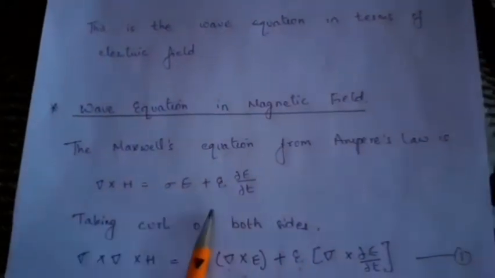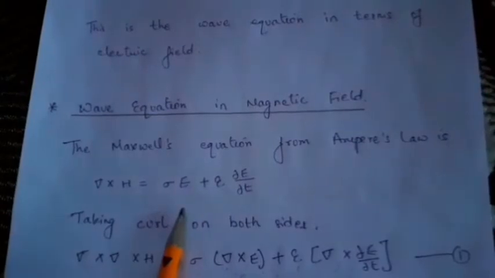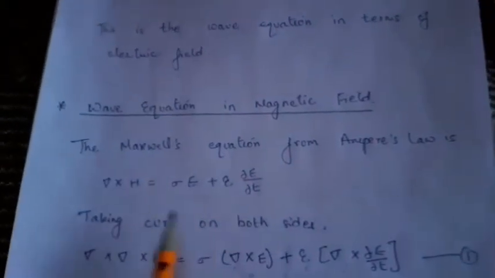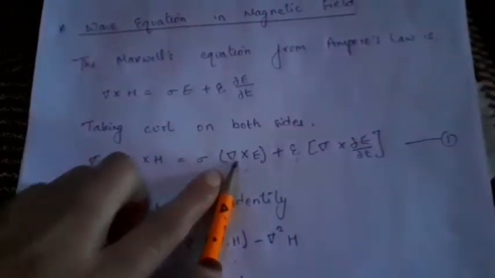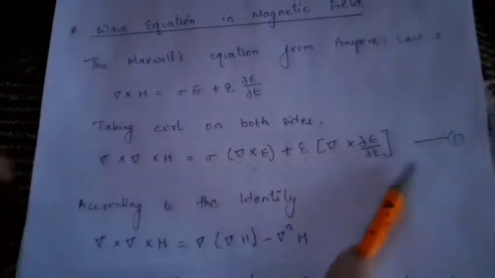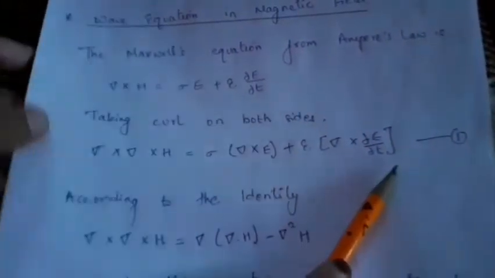So that is the first equation. Now what is the next step? We are going to take the curl on both sides. Taking the curl on both sides, it becomes like this: del cross del cross H equals to sigma del cross E plus epsilon naught del cross dou E by dou t. We can consider this as the first equation.